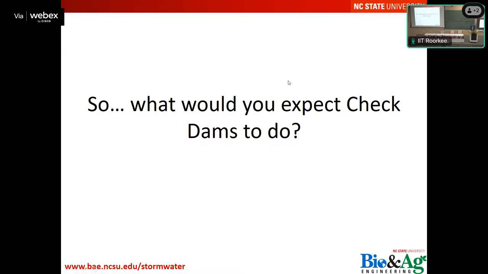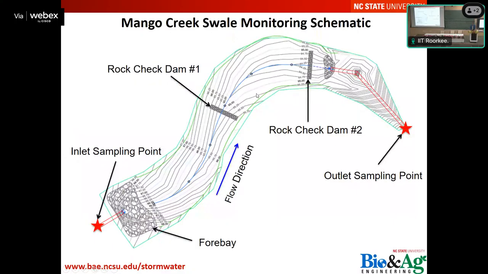All right. So you guys answered that question. So we did a study where we took a swale and we added a couple of check dams to the swale to impede flow. And we wanted to see, did we reduce runoff volumes?